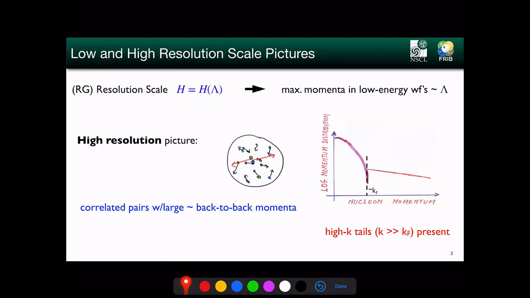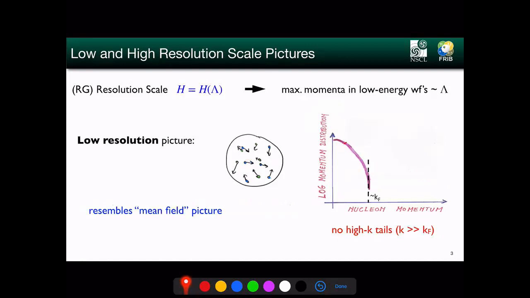If you look at momentum distributions, you'll see a long, slowly decaying tail well above the Fermi momenta. Okay, so in high resolution pictures, we have correlated pairs with large back-to-back momenta, and high momentum tails are everywhere.